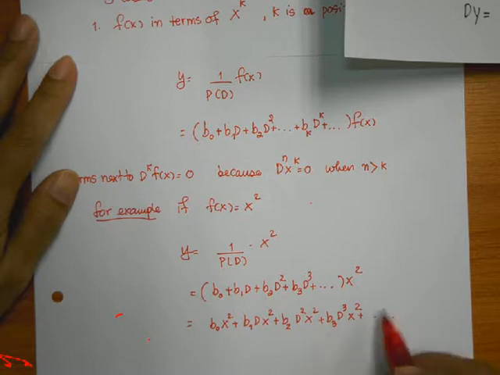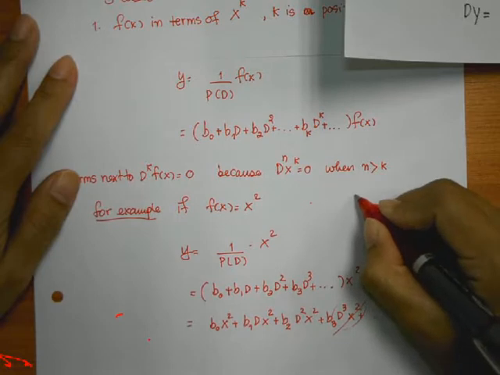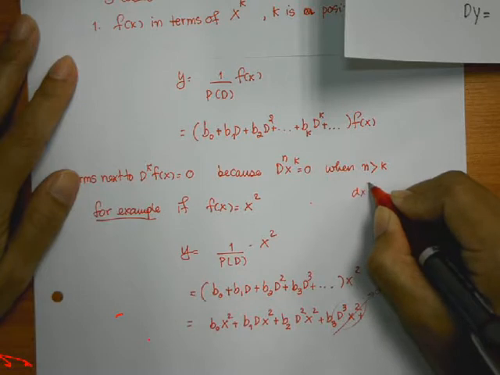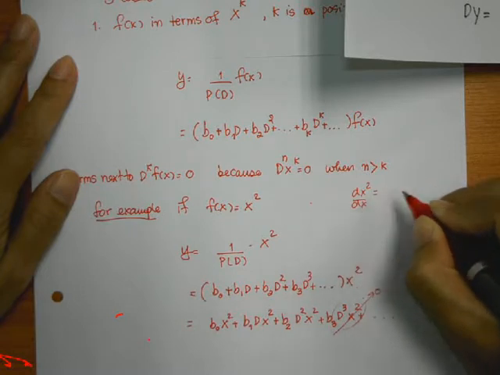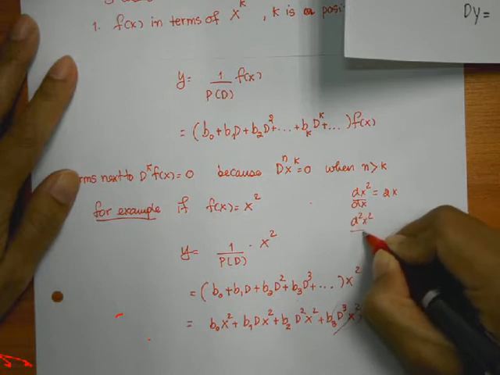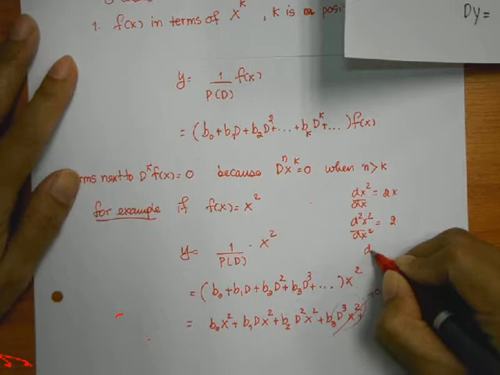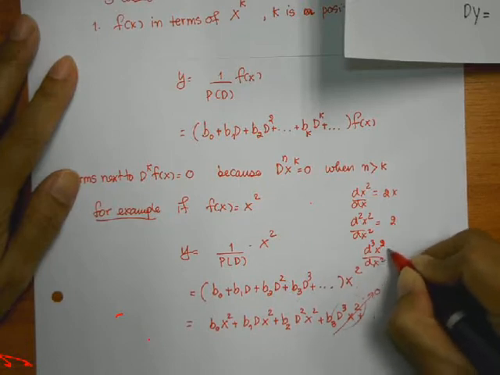Because the first derivative of x squared is equal to 2x. The second derivative of x squared is equal to 2. The third derivative of x squared is equal to 0.